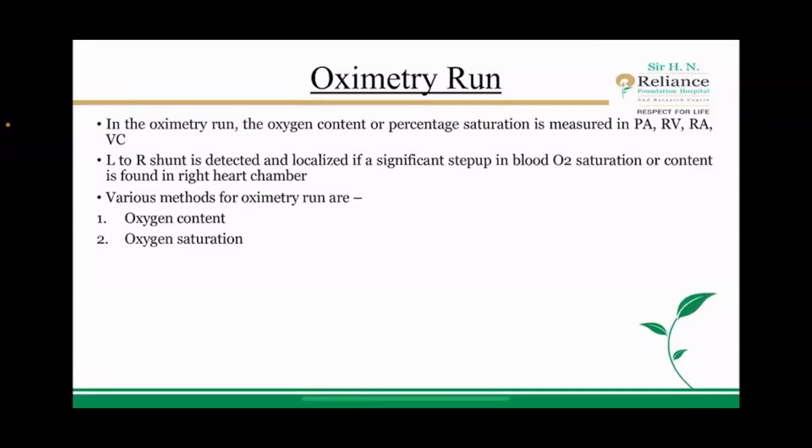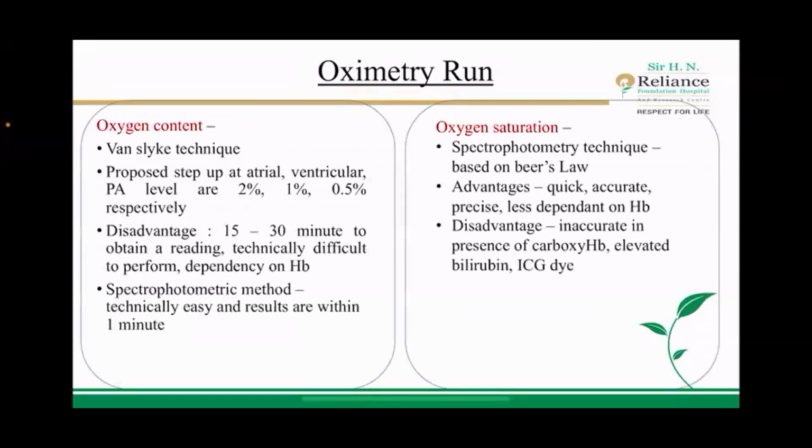The methods are either seeing the content or the saturation. If you are measuring the oxygen content of the blood, it includes both the oxygen bound to the hemoglobin and the dissolved oxygen in the blood. The proposed step up that we say at atrial, ventricular, and PA level to diagnose a shunt is 2%, 1%, and 0.5% respectively, which just means that if in the vena cava you found a saturation of 85 and in the RA the saturation is stepped up to 87, that is a significant step up.